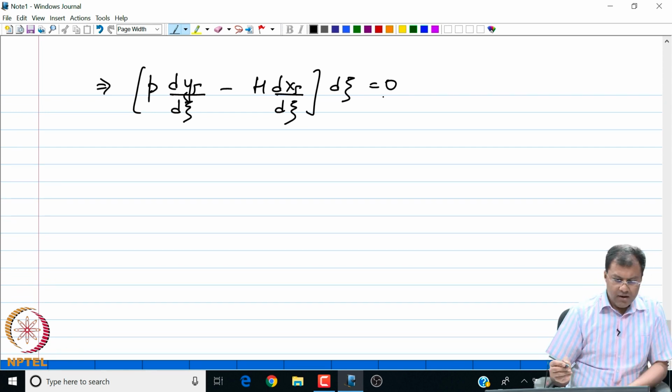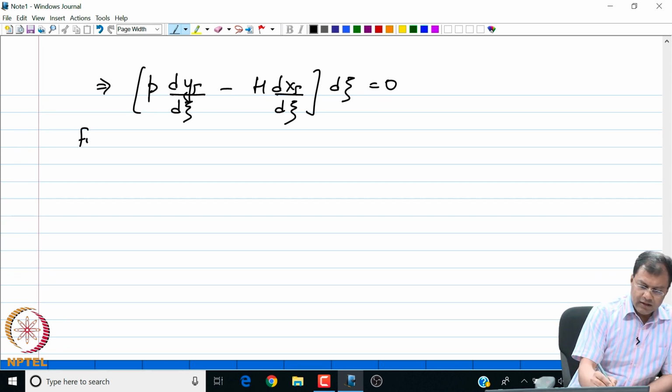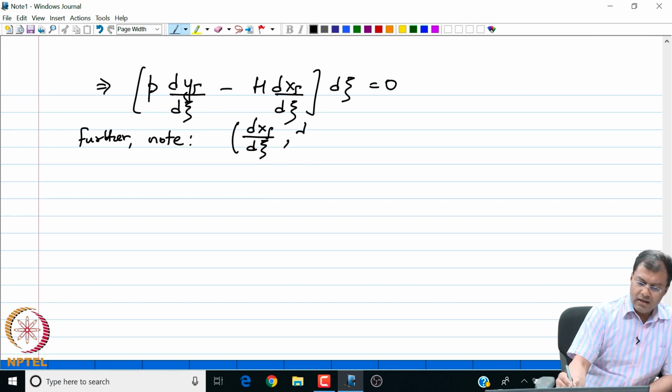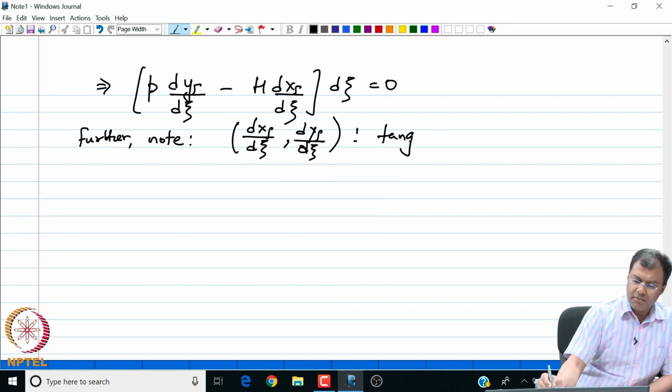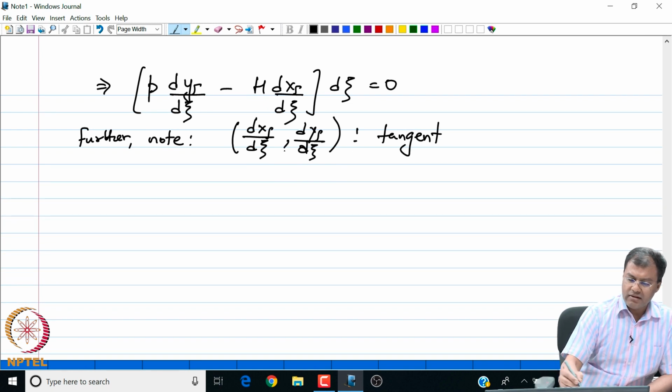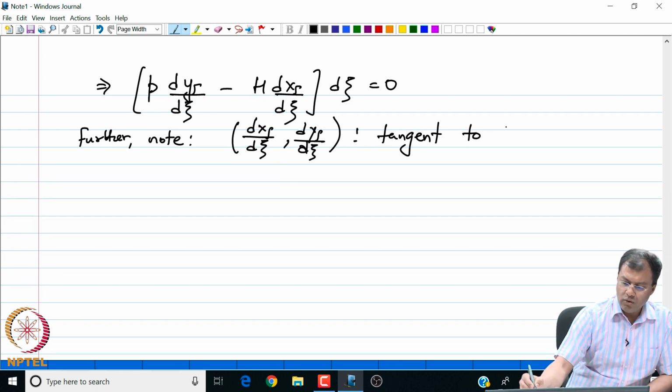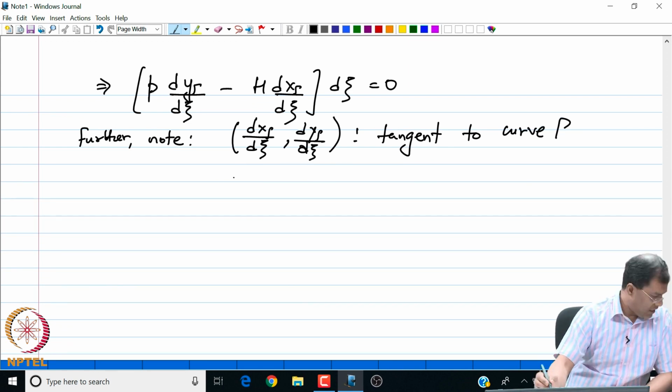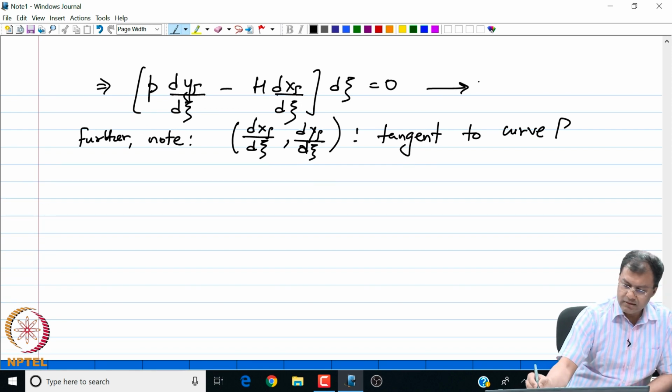Further, note that dx gamma d psi and dy gamma d psi are the components of the tangent vector to the curve gamma, right. Let me call this criteria star.